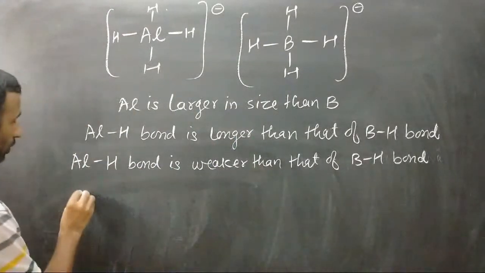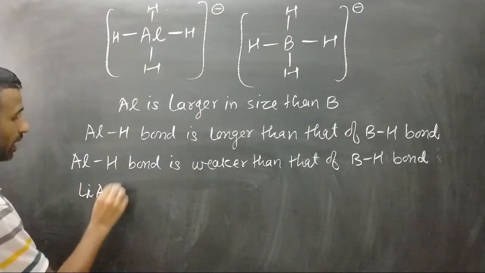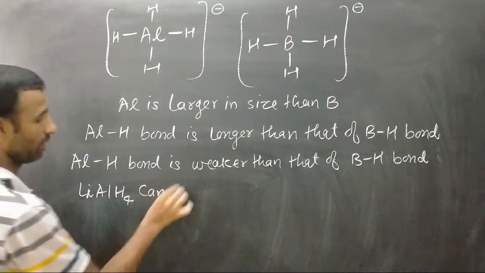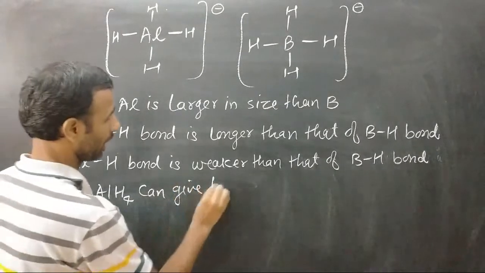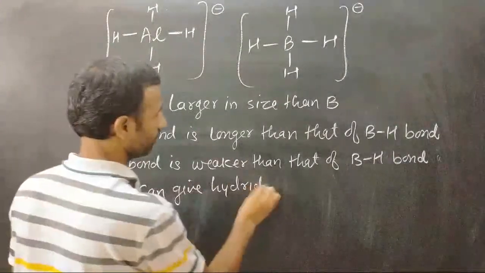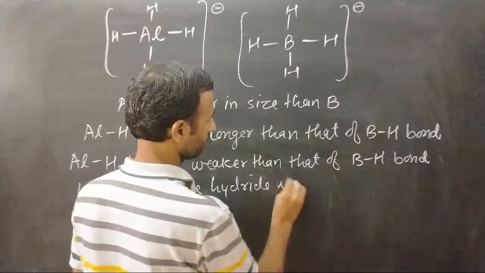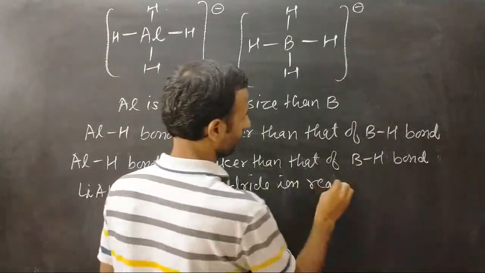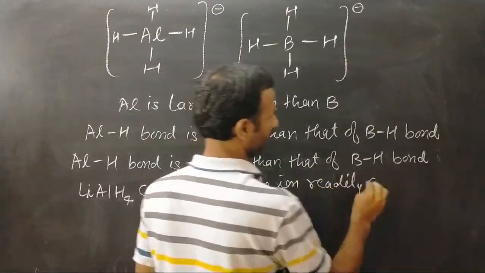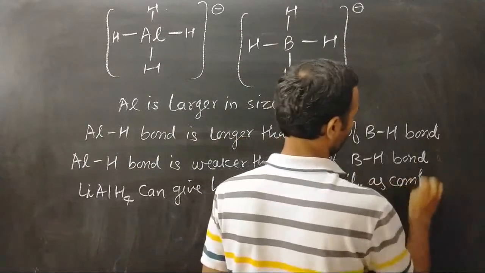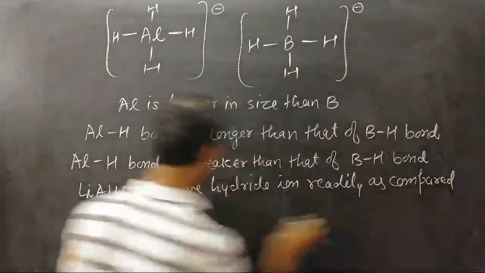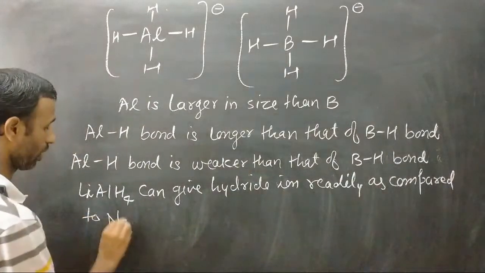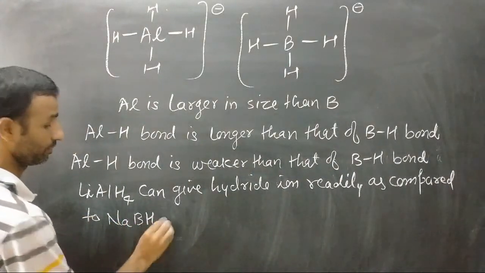So lithium aluminum hydride can give hydride ion readily as compared to sodium borohydride.